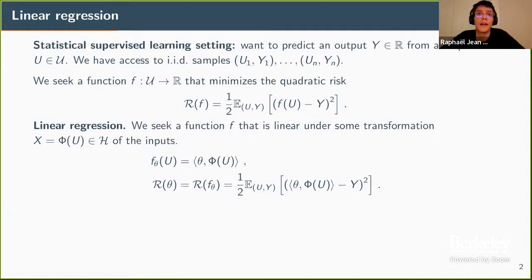So I will call phi the feature map, and I will seek functions f theta of the form theta dot phi of u. And so now, because I'm going to look only at linear maps, I'm going to parameterize the risk R as a function of theta, just to make things simpler.